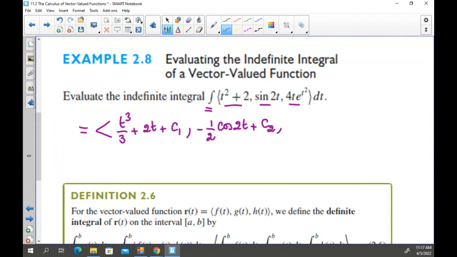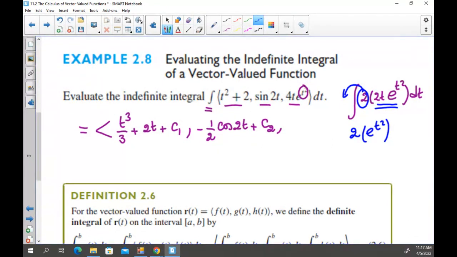And finally, the third one, this one, what is the derivative of this t squared? 2t. So you can think of this as 2 and then 2t e to the t squared. Now this 2, take it out. And then what is the integral here? e to the t squared.